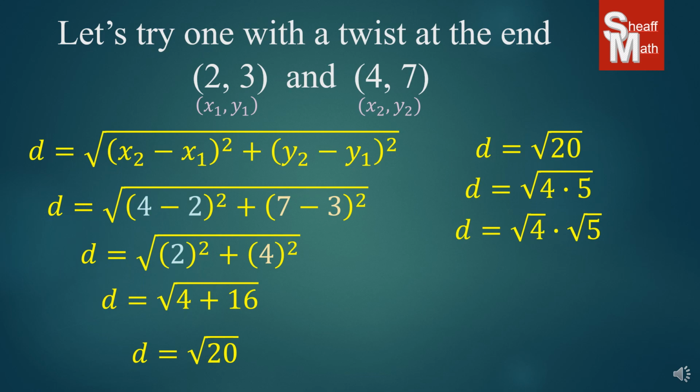Square root 4 times square root 5. Once we isolate that square root 4, we can simplify it. And we get 2 square root 5, 2 times square root 5. And that's what I mean by simplifying a radical expression. You might want to check out that video to learn more about that.